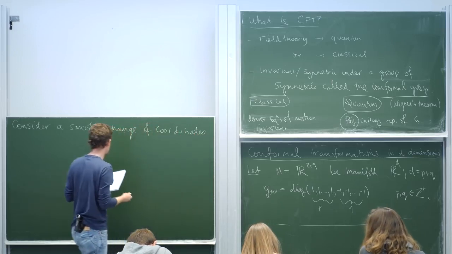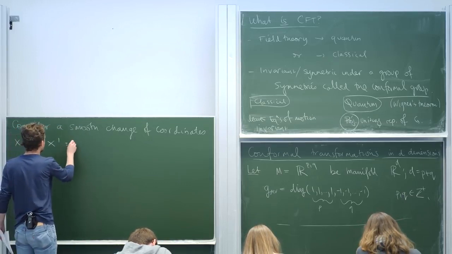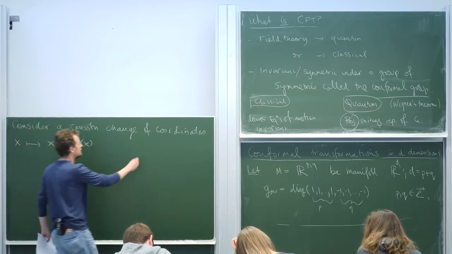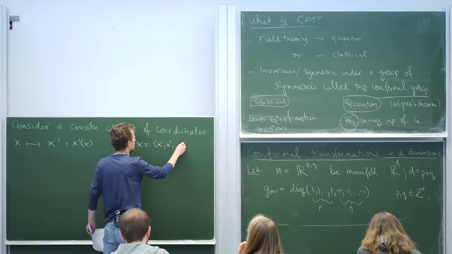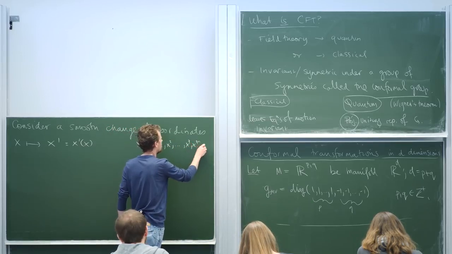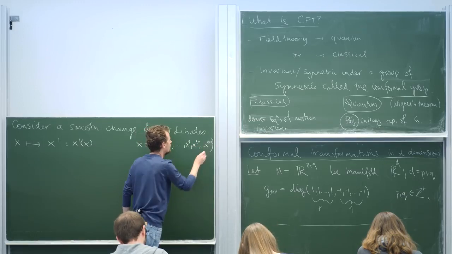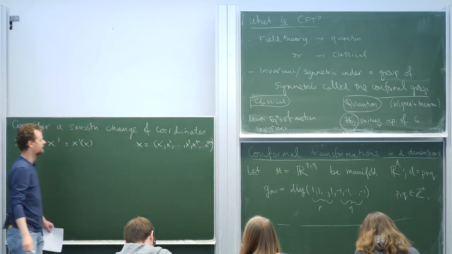So we're going to consider a smooth change of coordinates. x gets mapped to x prime, where x prime is some function of the original coordinates x. So x are vectors here, in P plus Q dimensions.